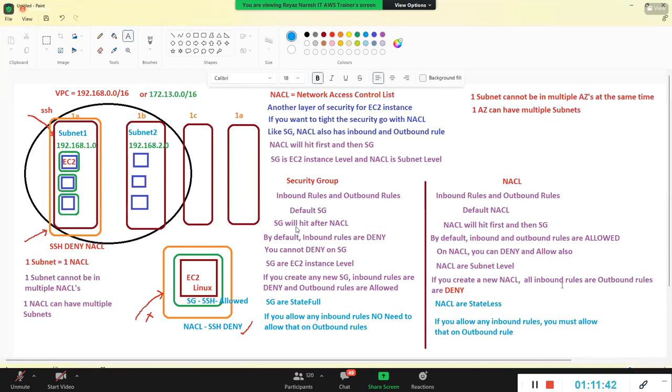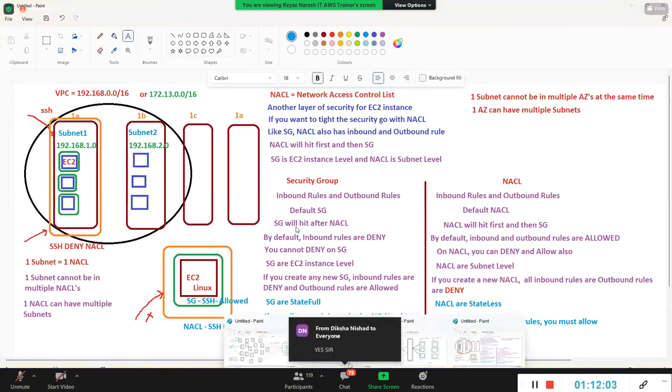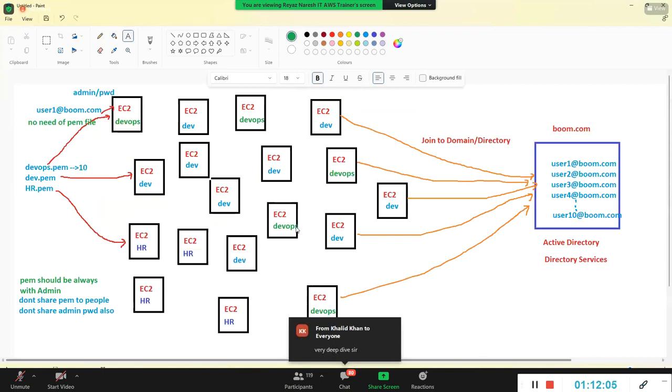Everyone clear? Super, right? Trickiest topic in the easiest way. Take the screenshots. Okay.